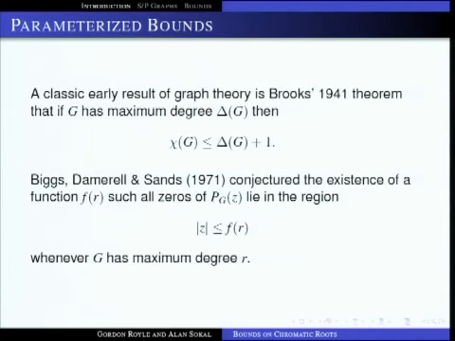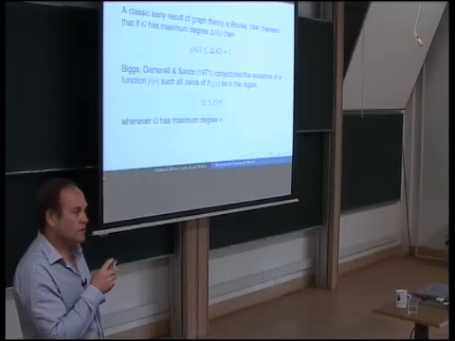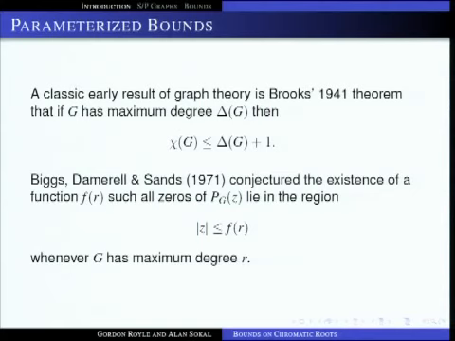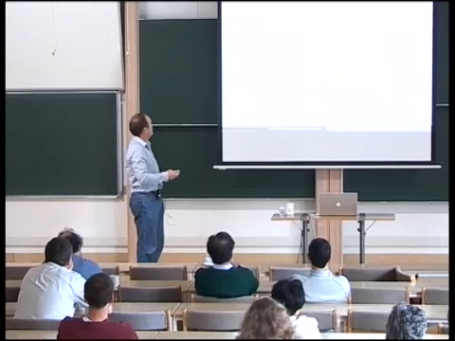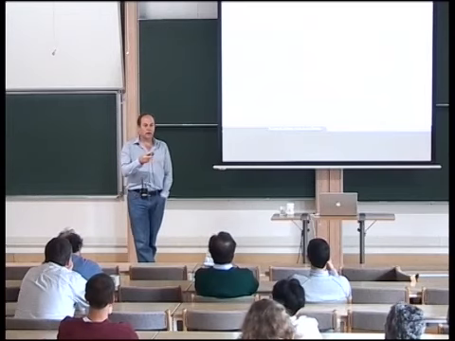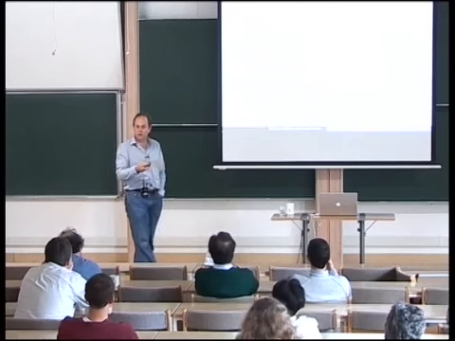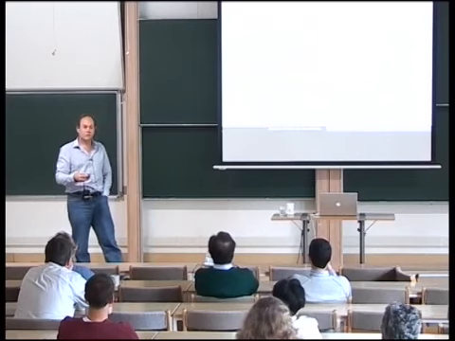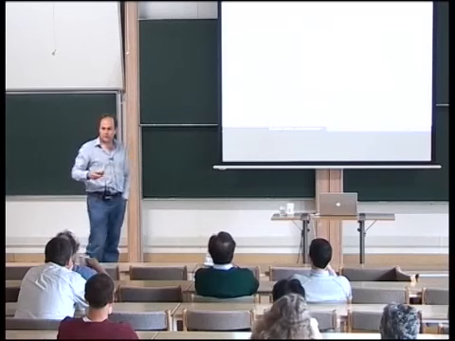Way back in 1971, Norman Biggs and students conjectured that there's a similar result for all complex chromatic roots, where delta plus 1 is replaced by some function of the maximum degree. Actually, they conjectured it for regular graphs, and then Dave and I and Francesco Brenti conjectured it for maximum degree, and then somebody pointed out that they were actually equivalent, so we might as well assign them the credit for conjecturing it in the first place.